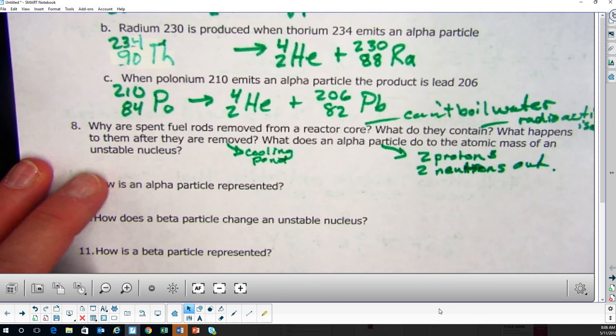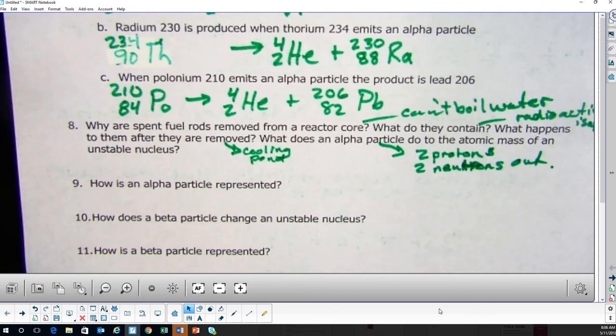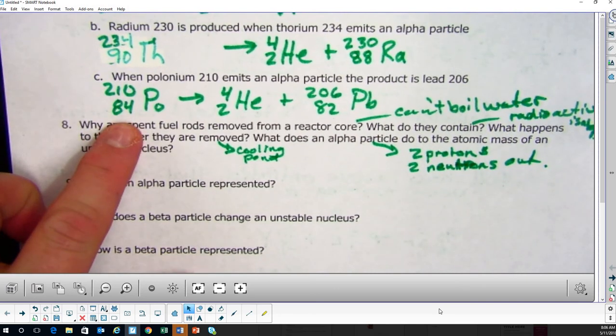Okay, so before we go on, what does a beta particle do then? Because a beta particle is a 0, -1. What was that bottom number representing on the nuclear symbol? The atomic number, which is the number of what?